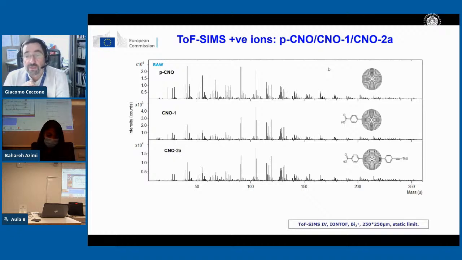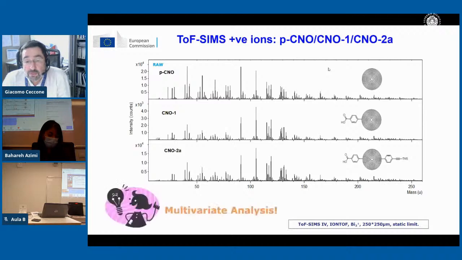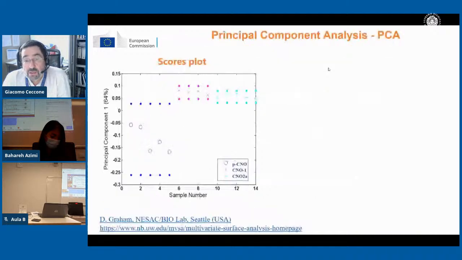trying to identify the peaks, or the differences in peaks, between these three different samples was almost impossible. But the multivariate analysis that is normally used in SIMS data analysis came to our help, and we were able to separate the pristine sample from the two other samples, functionalized in one case.